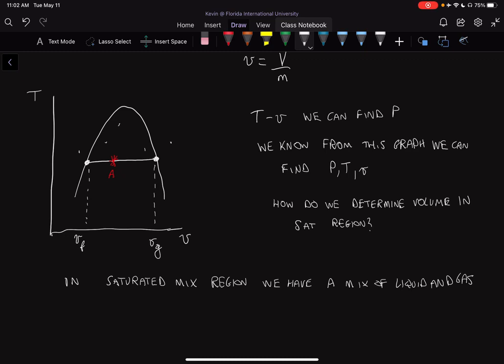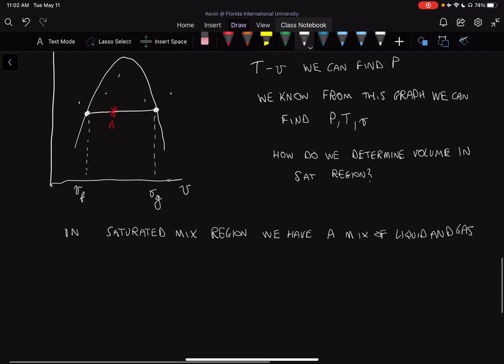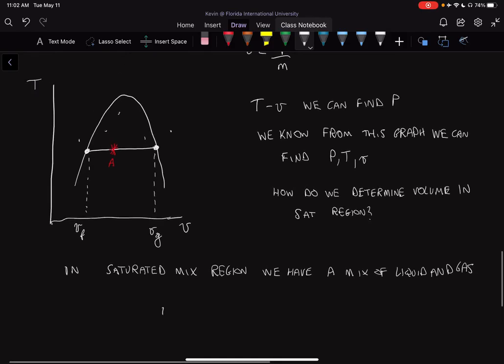This is an old notation, so they just use fluid for liquid, which can be kind of confusing, but if you just remember VF, essentially VF designates the saturated liquid volume.